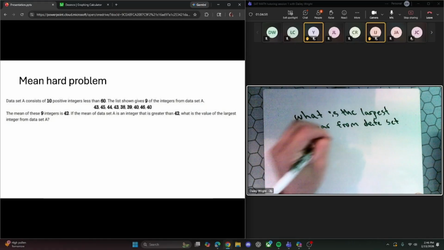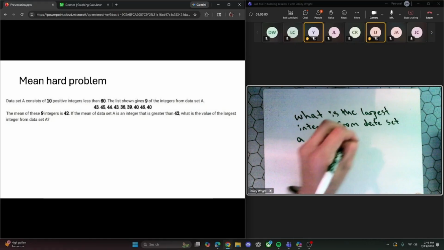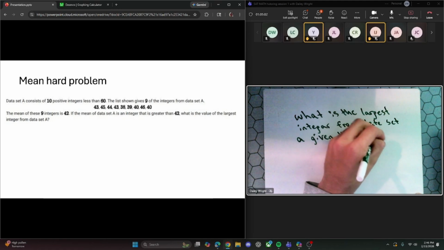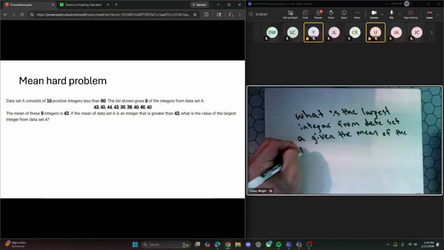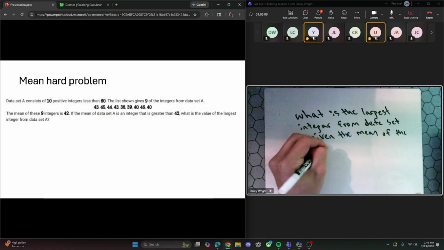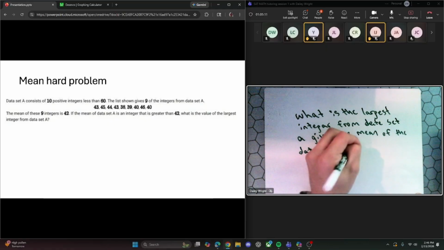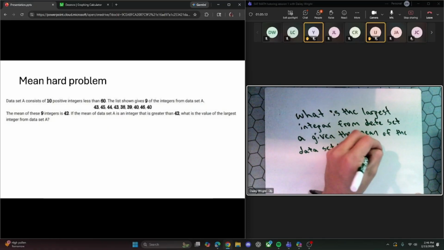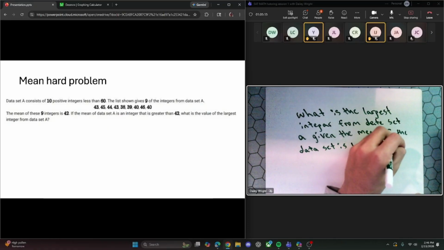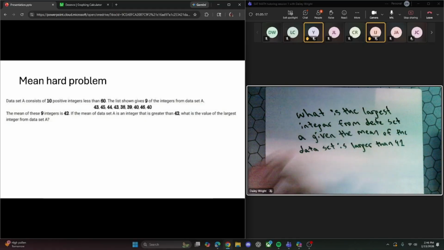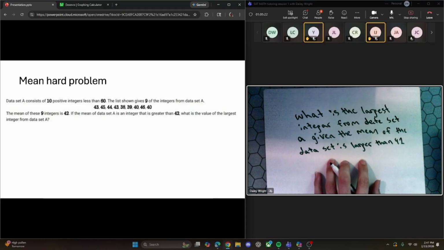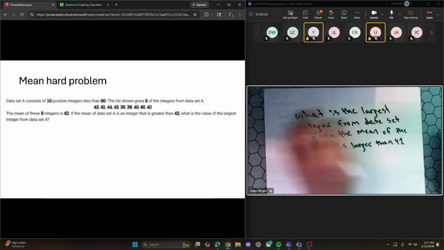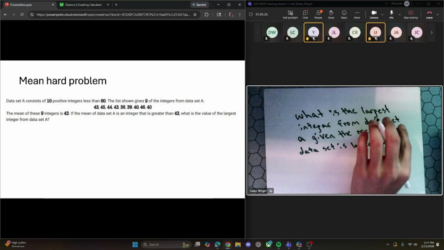Given the mean of the data set is larger than 42. So if the mean of the data set is larger than 42, what is the largest integer from the data set?